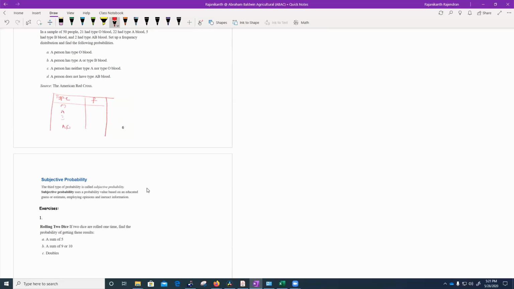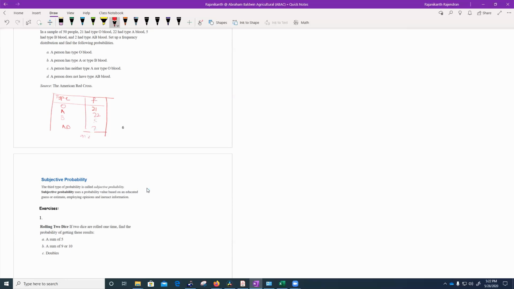For type O, there are 22, not 21, right? 21 had type O. So 21 type O, and 22 type A, and 5 had type B, and 2 had type AB. When you add all the frequency values along that column, that is nothing but my little n, right?